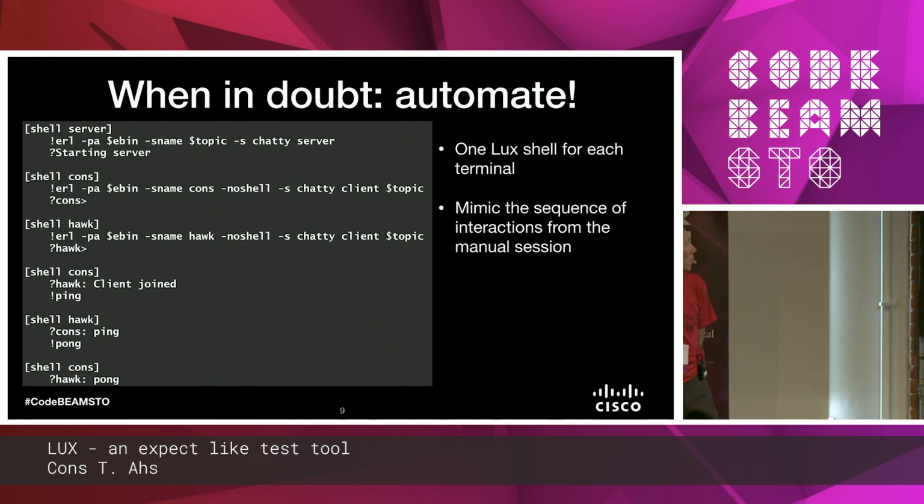And here we now have multiple shells. We have a shell for the server, and we have one shell each for the clients. LUX will create a new shell if it hasn't seen the shell name before. And if it has seen it before, it will just use the existing shell again and pipe input to it and then do matches.